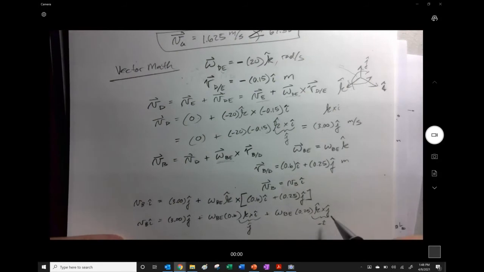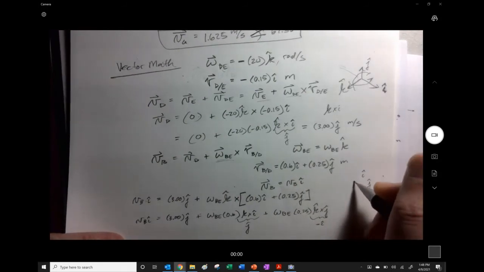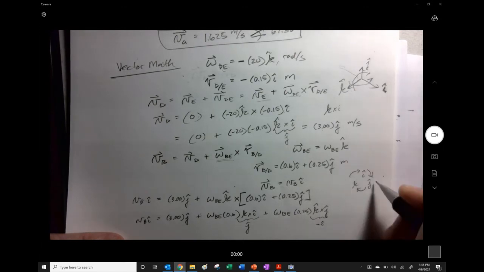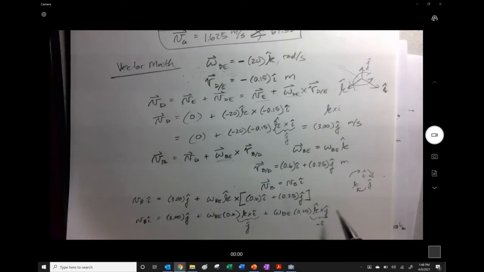There are other ways to do this, obviously. Some people like to go this way, I, J, K, and say if you're going in this direction, it's positive, and if you have to go in that direction, it's negative. So if I cross K with J, I get I, but I'm going the opposite direction, so I get a negative.